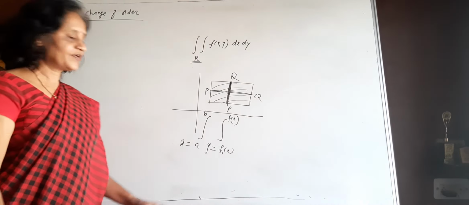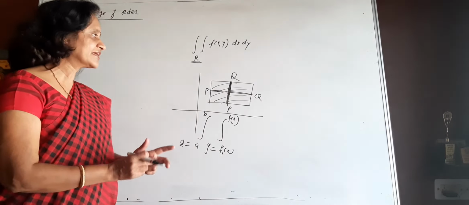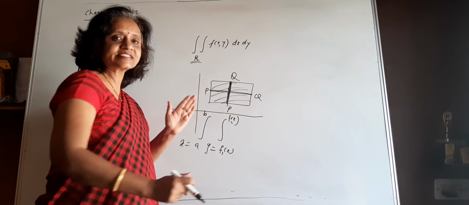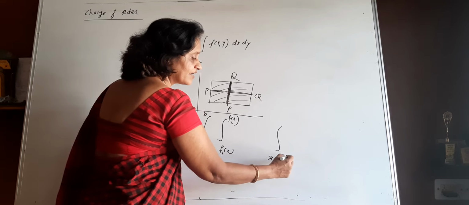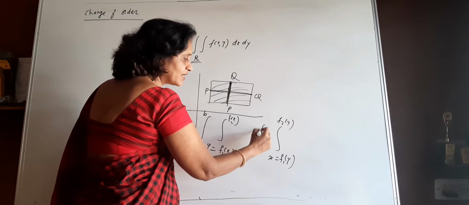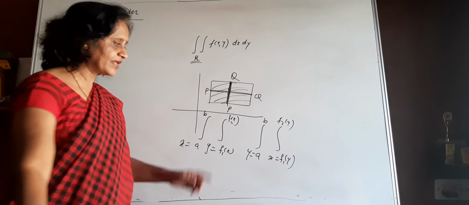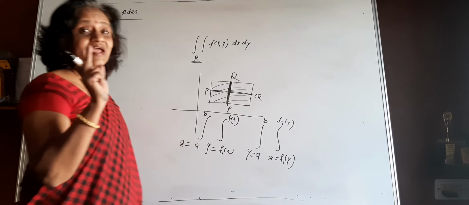So here we integrate first with respect to y. Exactly the opposite way, when you take a horizontal strip, we got inner limits of x, which are in terms of y, and outer limits of y, which were constants. So you know very well, here we need to integrate first with respect to x.